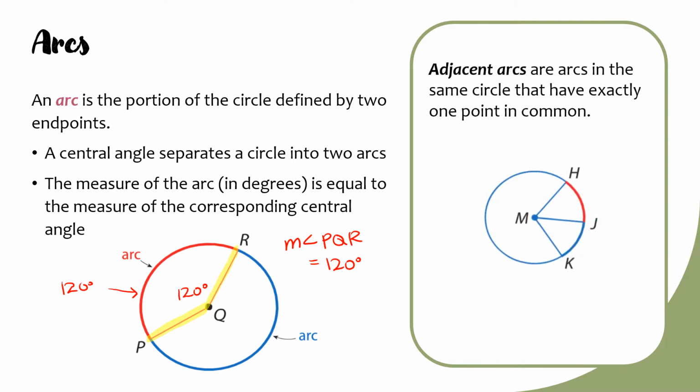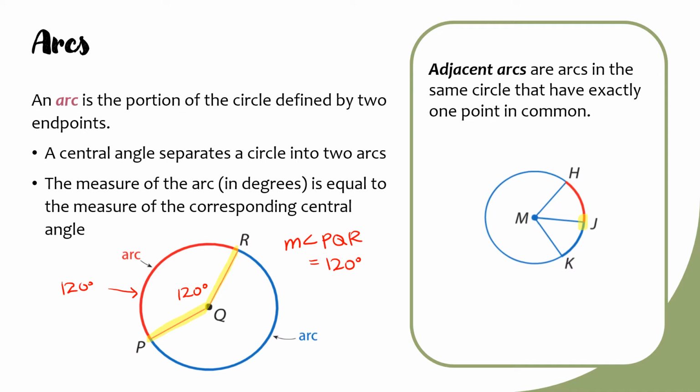We can also describe arcs as adjacent. So adjacent arcs, kind of like adjacent angles to a degree here. Adjacent arcs are going to be ones that have exactly one point in common. So we can see HJ and JK, those two arcs, share just one point.